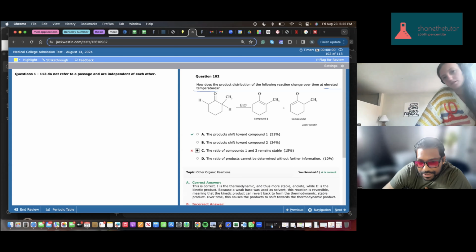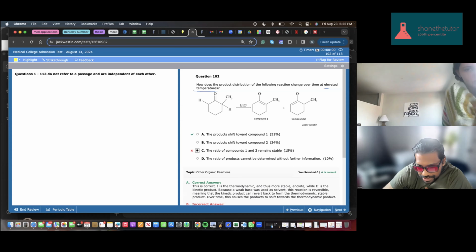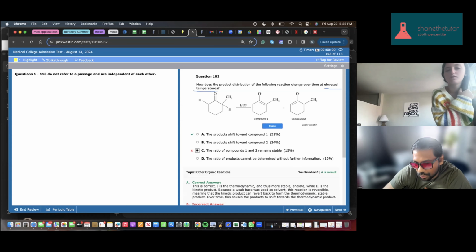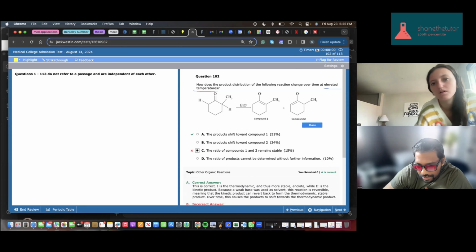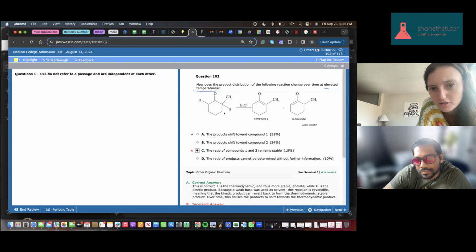So now if they're saying that this happened with elevated temperatures, would it shift towards compound 1 or compound 2? How do we know that it's compound 1 versus 2? Based off of the structure, this double bond is here, so it's this hydrogen.